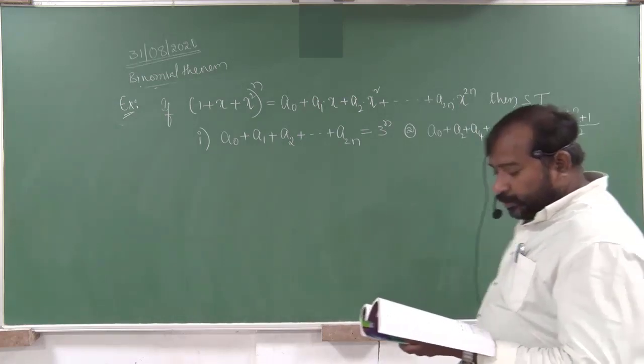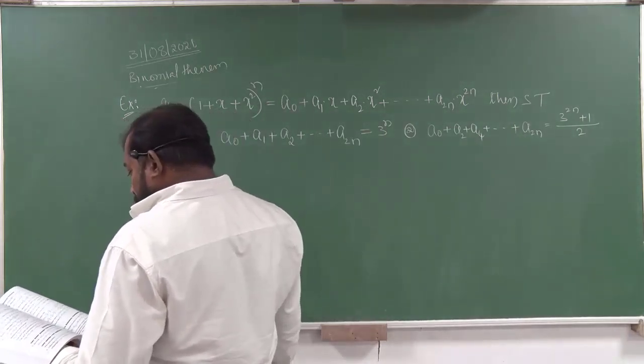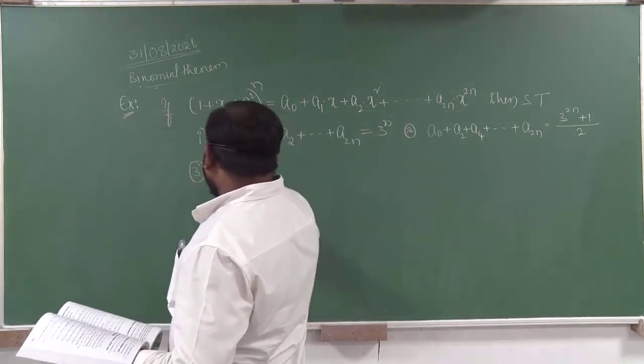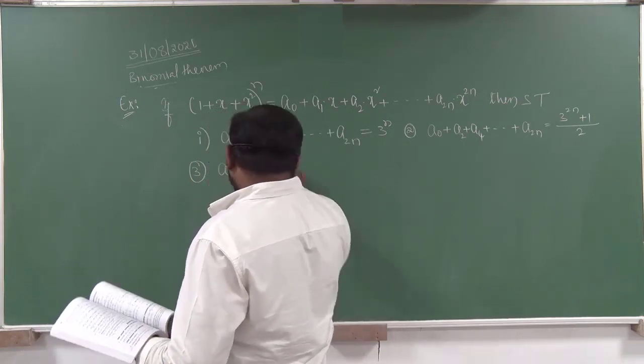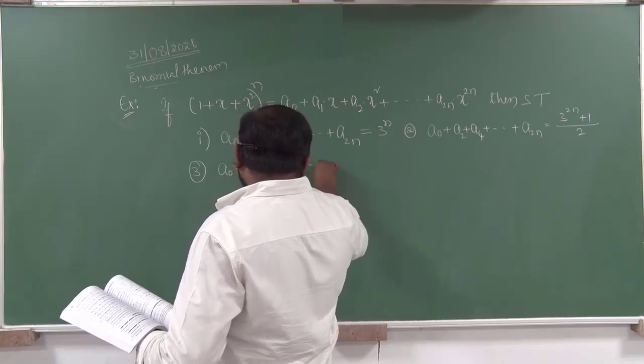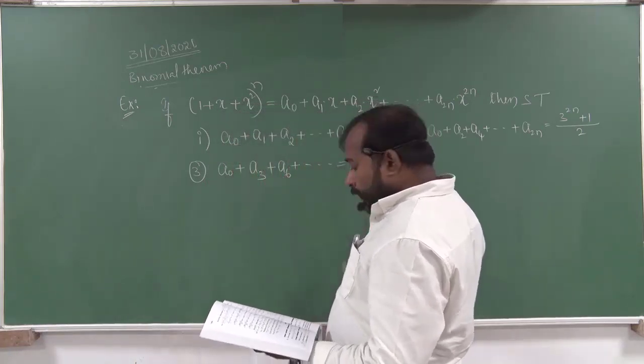And the third: a naught plus a3 plus a6 plus and so on is equal to 3 power n minus 1.